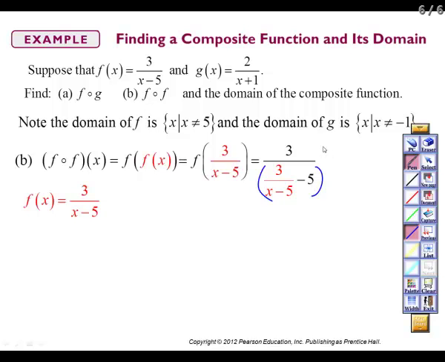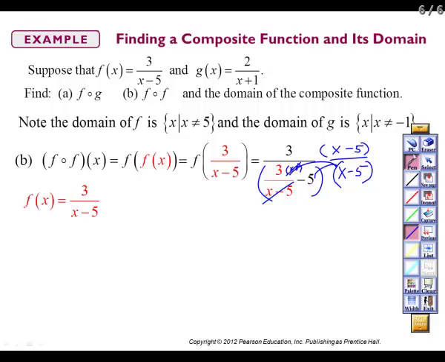We've got to multiply what? X minus 5 over x minus 5. Okay, so we got to distribute that x minus 5 into both, right? That's going to cancel this with this x minus 5 here.